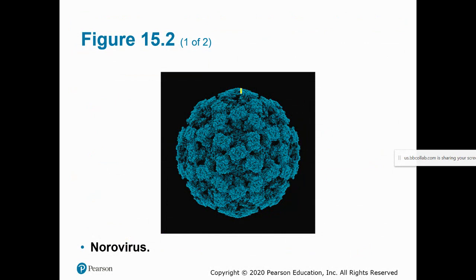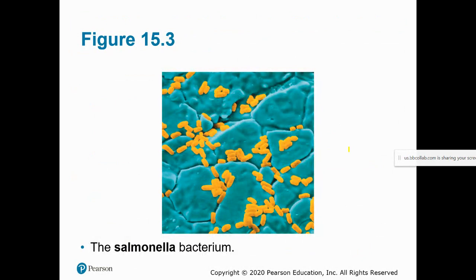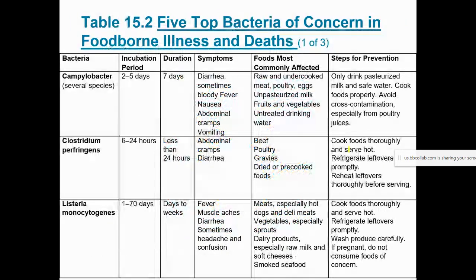Here is a micrographic look at norovirus and a micrographic look at salmonella. And then I think this is a two-part chart. It goes over the five most common bacteria to cause foodborne illnesses and death, including Campylobacter, Clostridium perfringens, and Listeria monocytogenes.